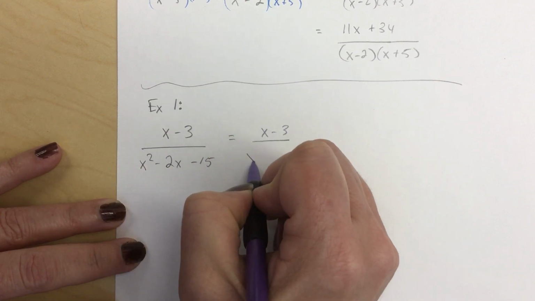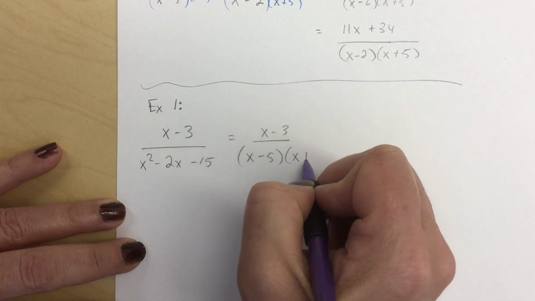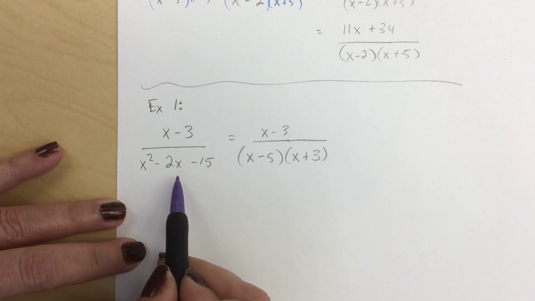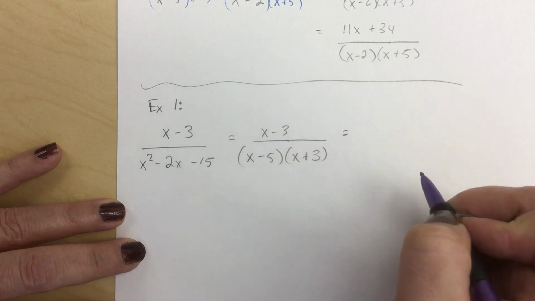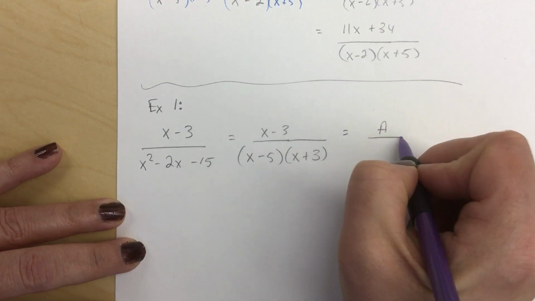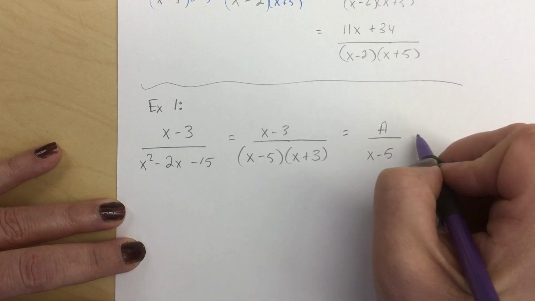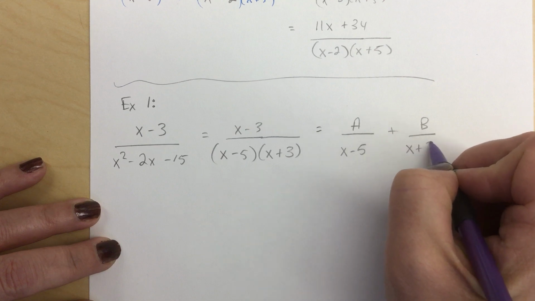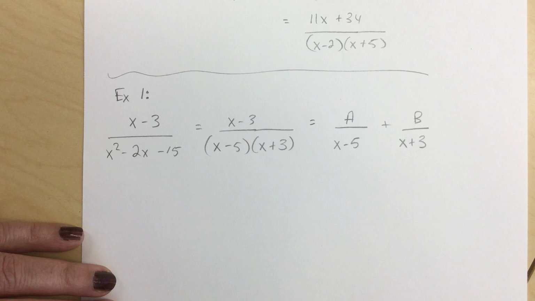So that would factor into x minus 5 and x plus 3, because I need two things that multiply to 15 and add to negative 2. Okay? Now, we're going to try to figure out the a that came from the fraction over x minus 5 plus the b over the fraction that came, or the number that came from the fraction b over x plus 3. Okay?